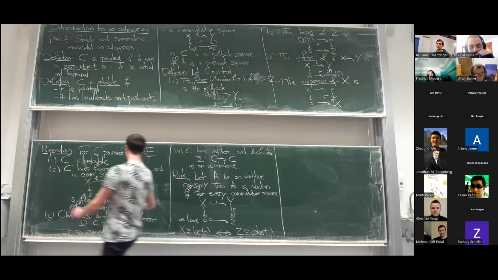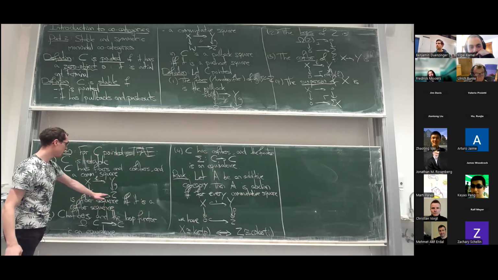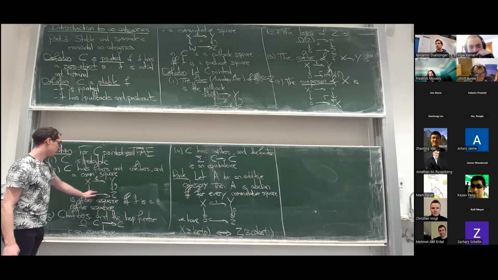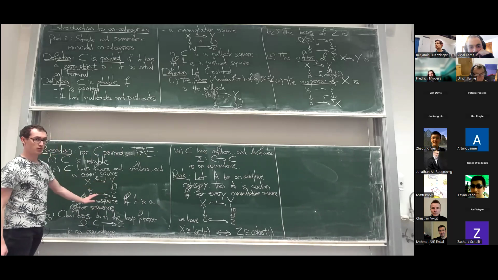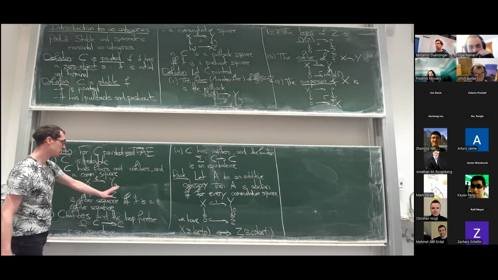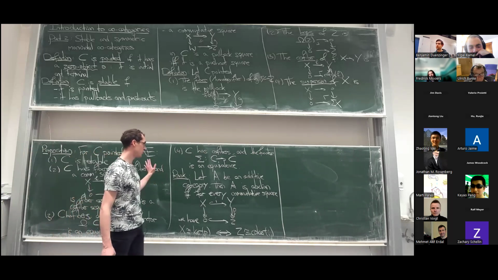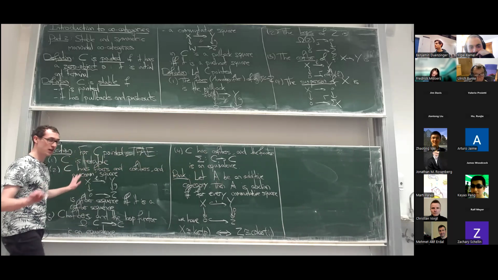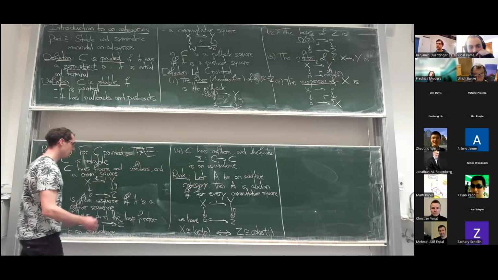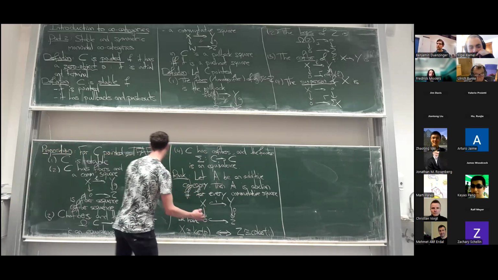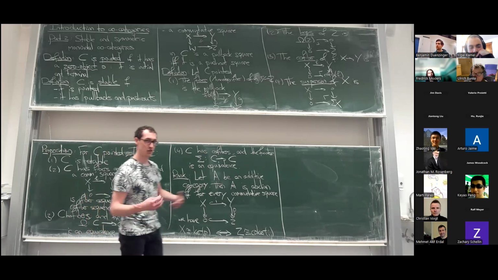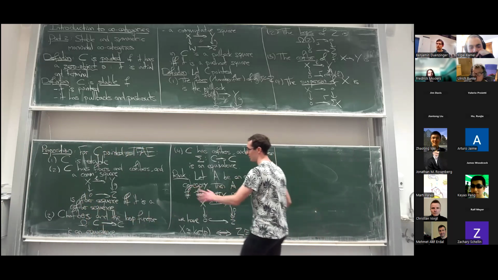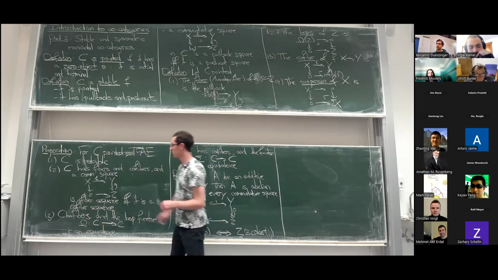And this condition is very similar, except that we drop the condition that maps involved are monomorphisms or epimorphisms. So this has huge consequences. It won't be true that stable infinity categories are abelian, and it will not be true that abelian categories are stable. But it's just a helpful analogy to see that a lot of things we can do in abelian categories have analogs in stable categories. So it might make this condition a bit less mysterious.